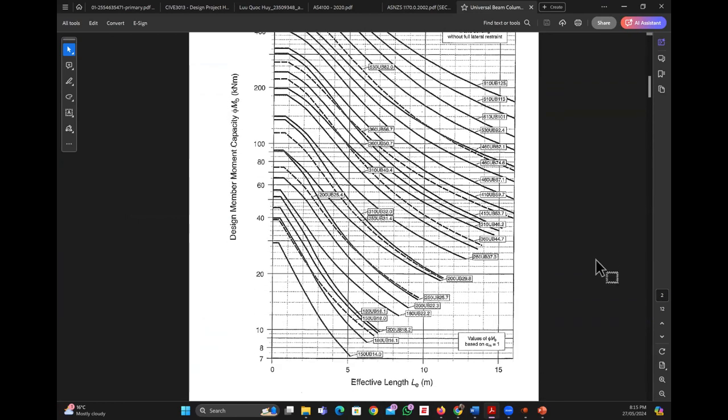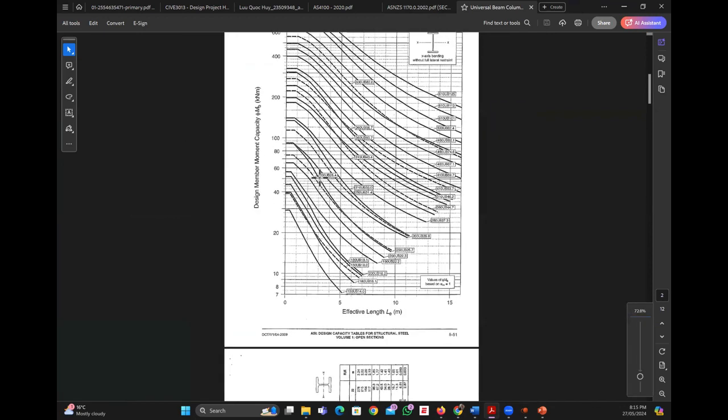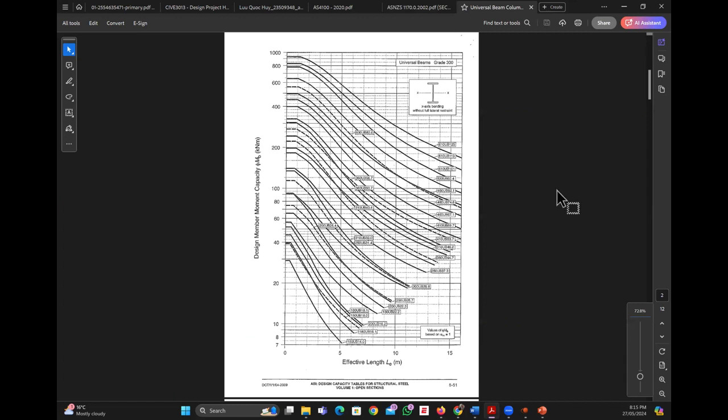On the vertical axis is the capacity moment, or the member capacity, and here is the effective length. We already know our moment, 653.5. But we need to know how much our effective length is.